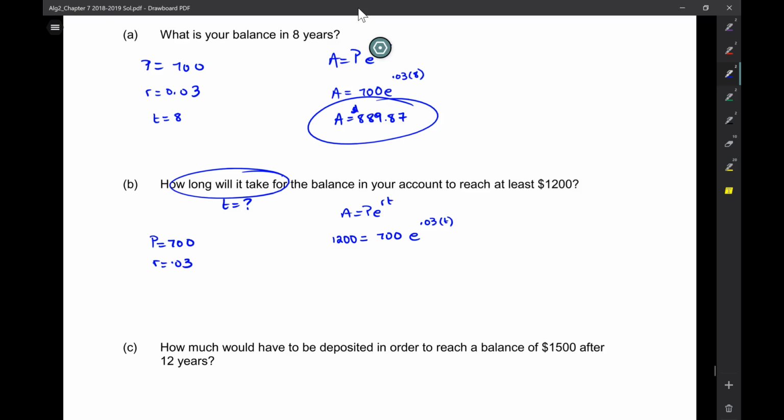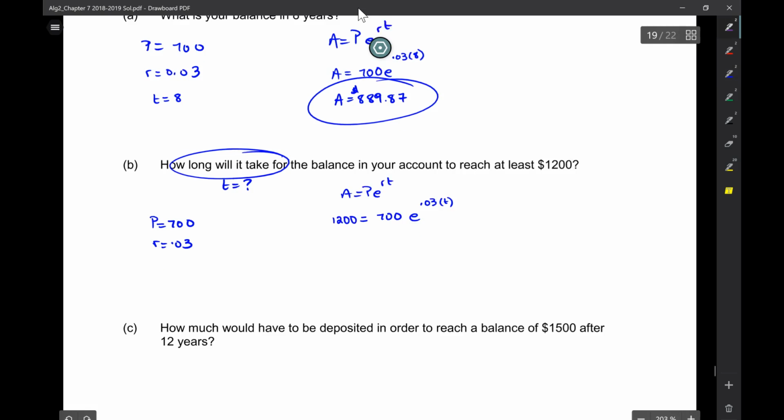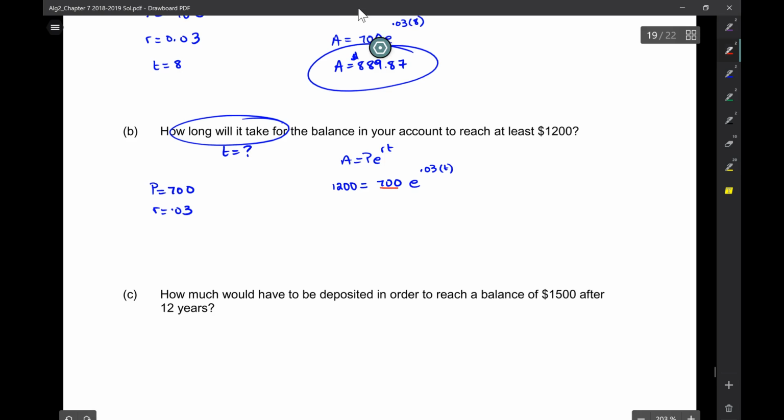This is the first time now that we could solve for that. All right, so I'm going to divide by 700. Okay, now don't put this in your calculator just yet. When you're dividing numbers like this, how many zeros can I cancel from top and bottom? 2. So I get 12 over 7 equals e to the 0.03 t.